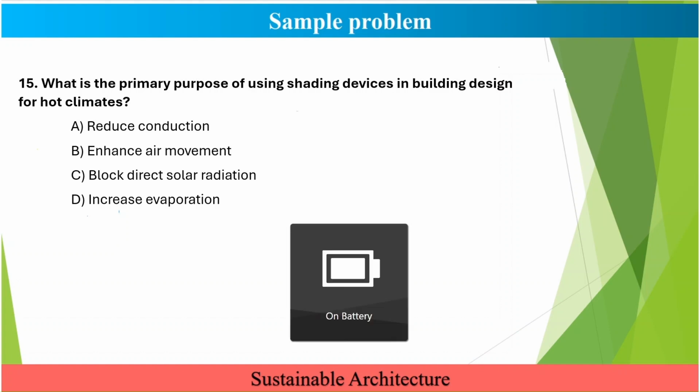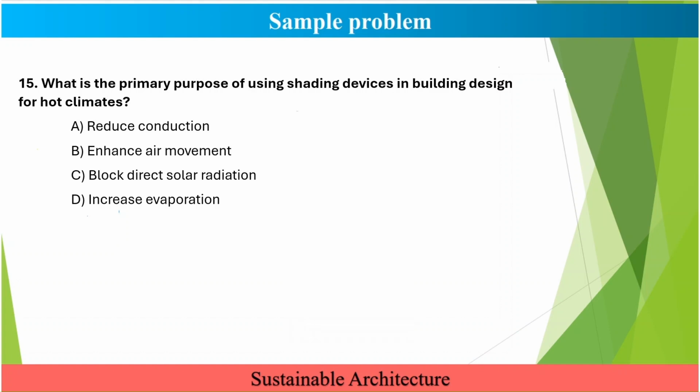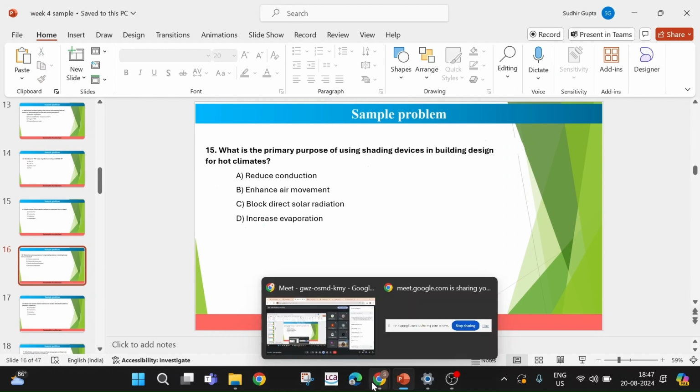Which is the primary purpose of using shading devices in buildings? Option C, sir. C. Okay. So all of you try to give answers to this question.